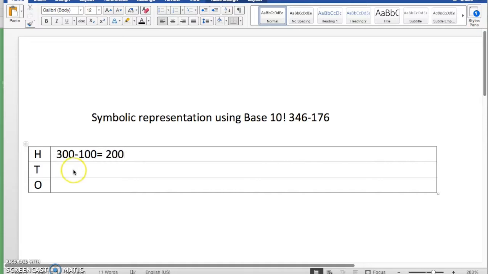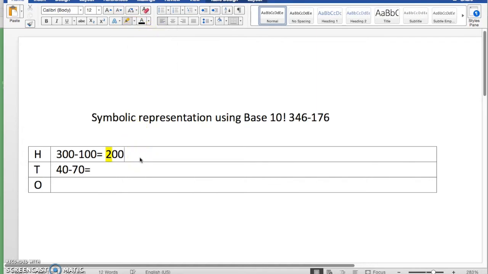Then, moving on to the tens, we have 40 minus 70. Because we can't do 40 minus 70, we're going to borrow 100 from this 200 up here, and we're going to turn it into 100.